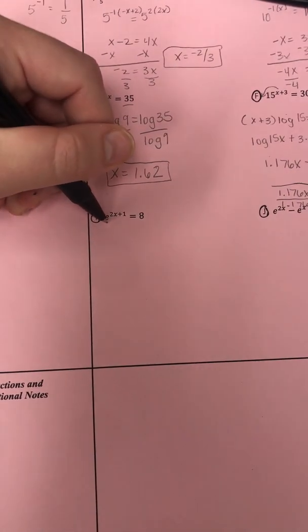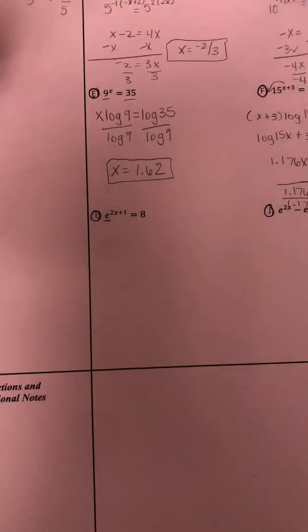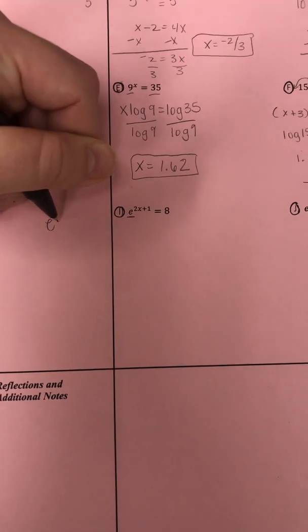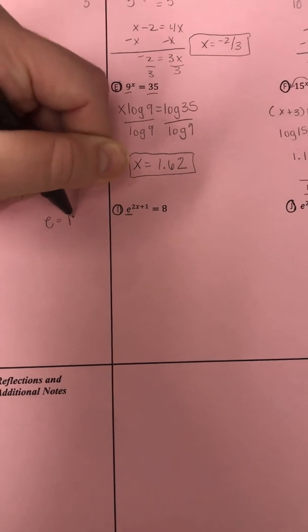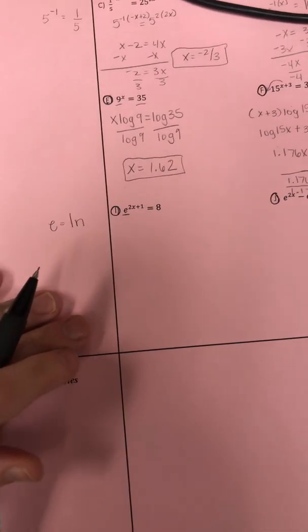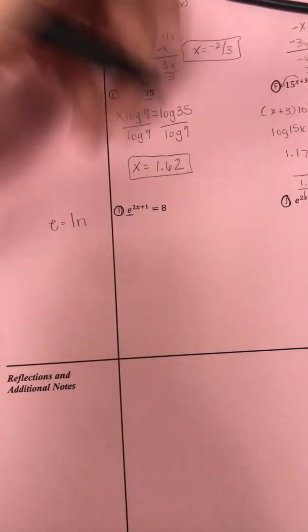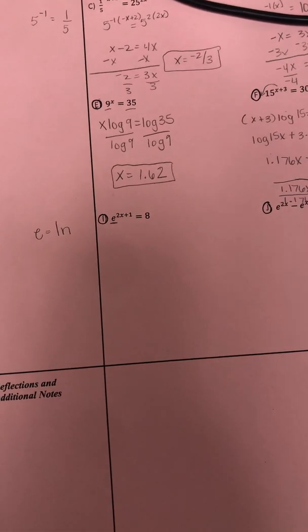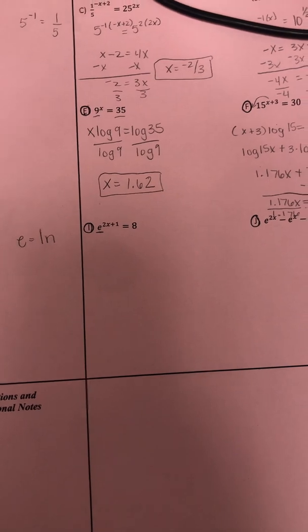Okay, so anytime we have e, hopefully by now you guys know that the only thing that cancels out e is going to be ln. All right, so we're going to have to use ln when we are solving these problems. Which one am I looking at? Okay, perfect.